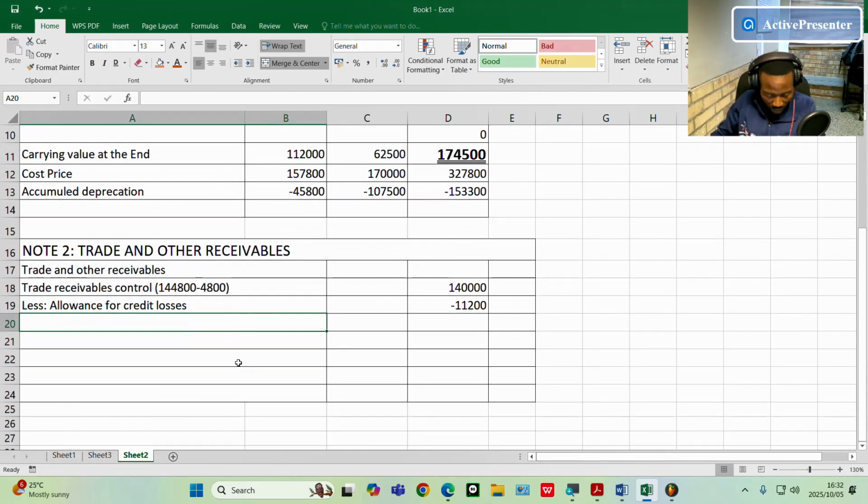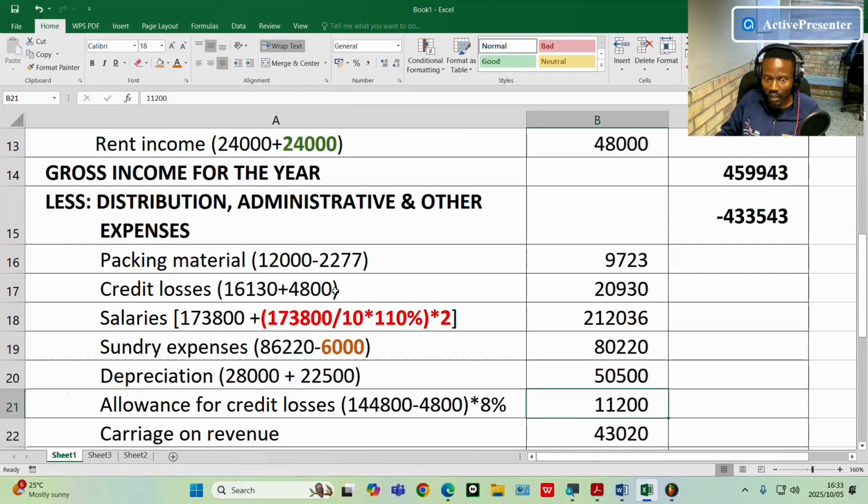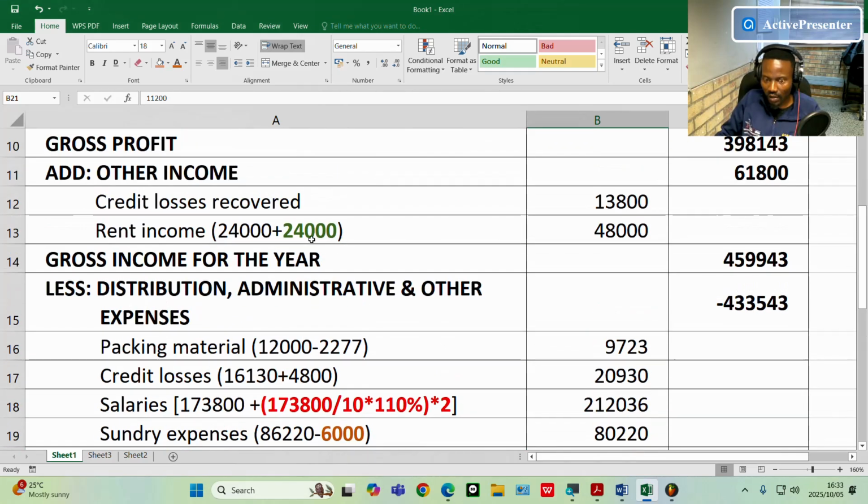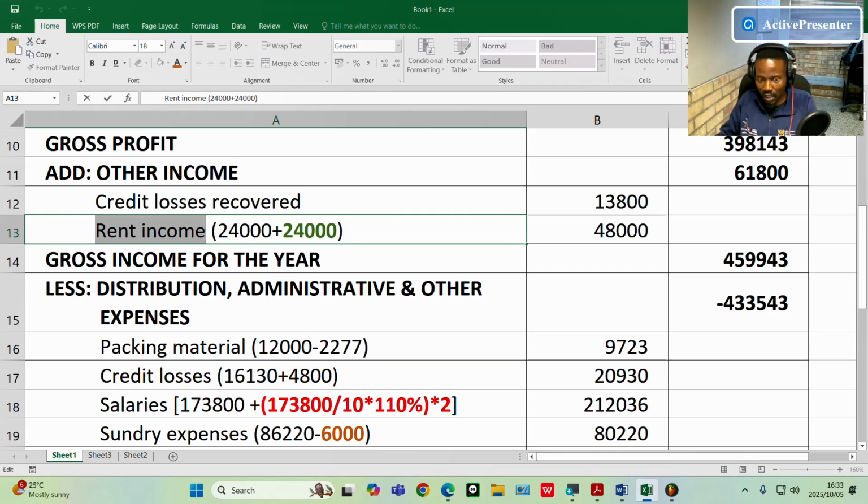We are going to be adding the income receivable, which is formerly known as accrued income. And remember, I actually labeled that income. Yeah, it's 24,000. It's for rent income.